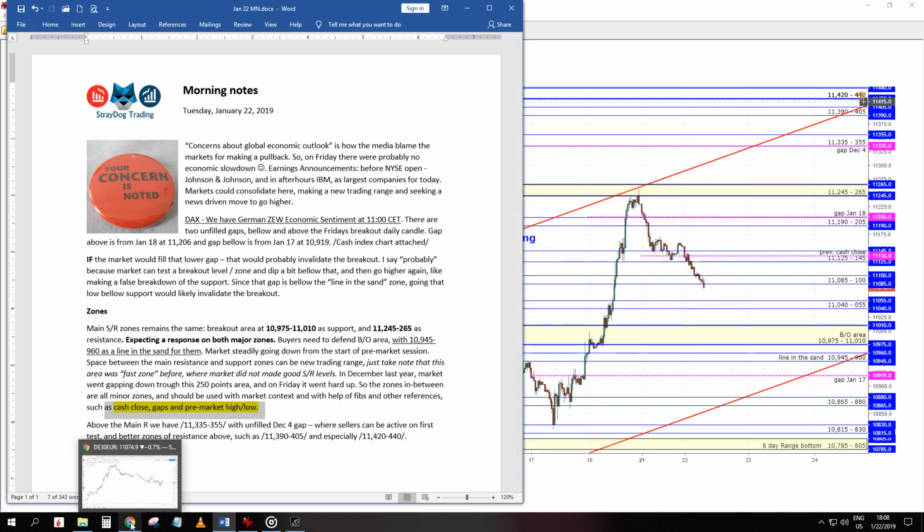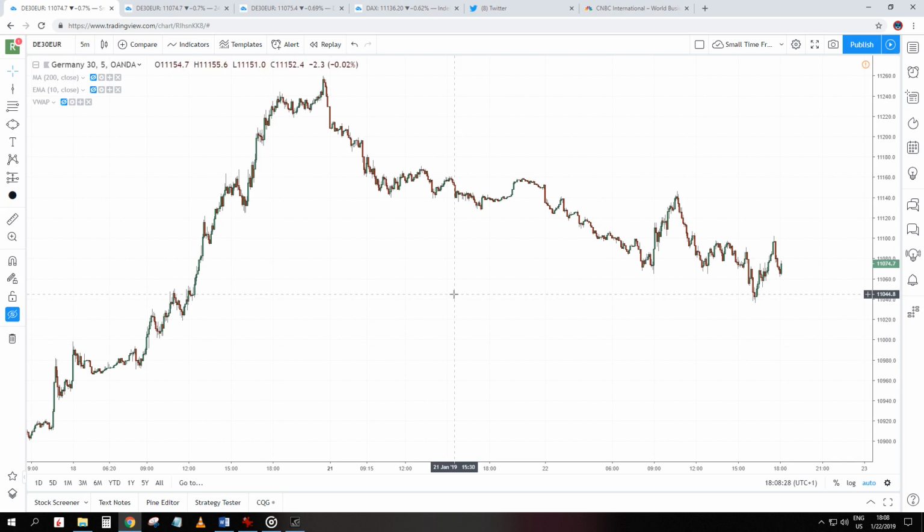Now let's get to the charts. Imagine that you have a chart like this. This is a blank chart where you have no zones, no lines, no indicators, nothing. I'm sure new traders will scratch their heads wondering how they could make money with this, and it could look to them like gibberish.